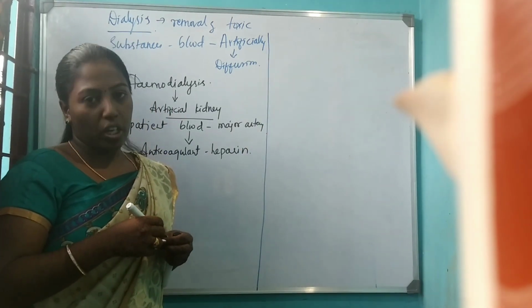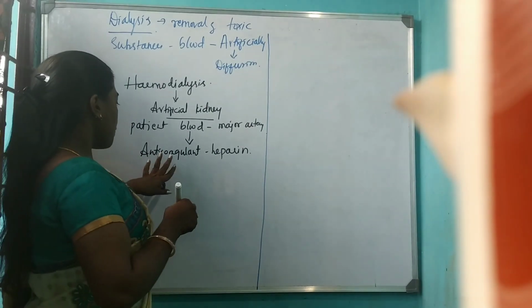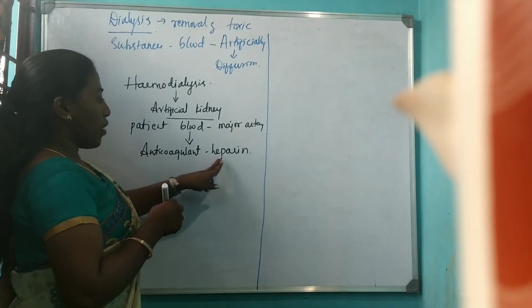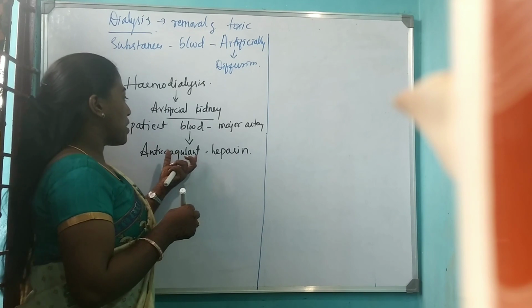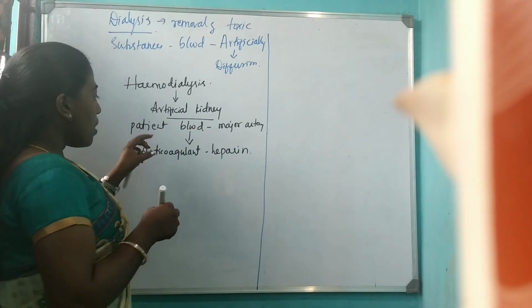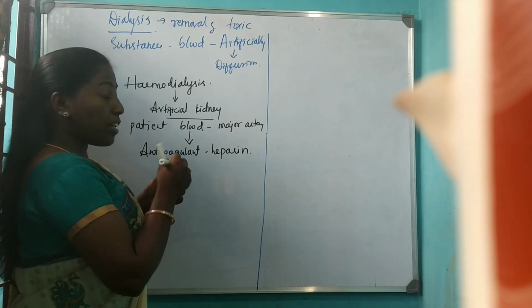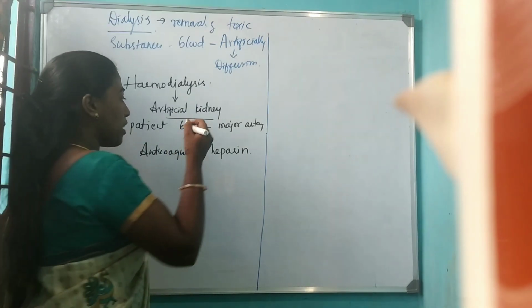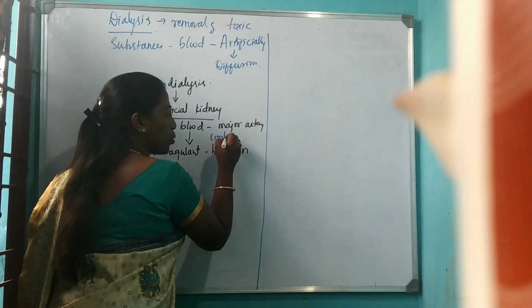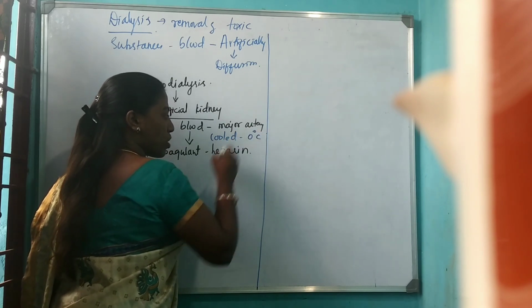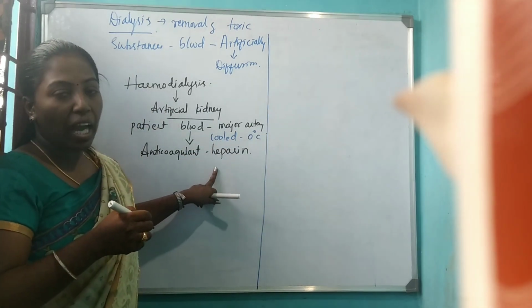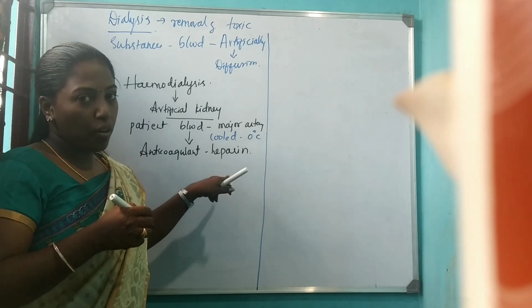So one example is heparin, which will be mixed with the blood. Even before mixing the heparin, when the blood is drawn from the patient's body, it is first cooled to 0 degrees Celsius. Only later the heparin is added to avoid blood clot formation.